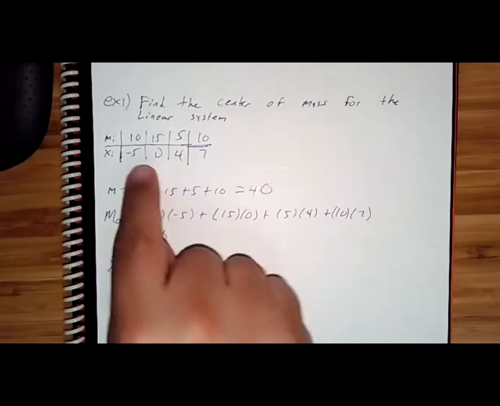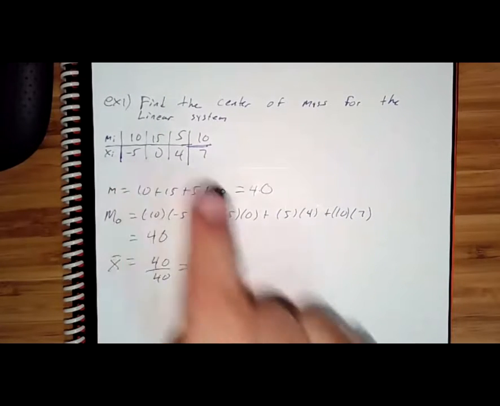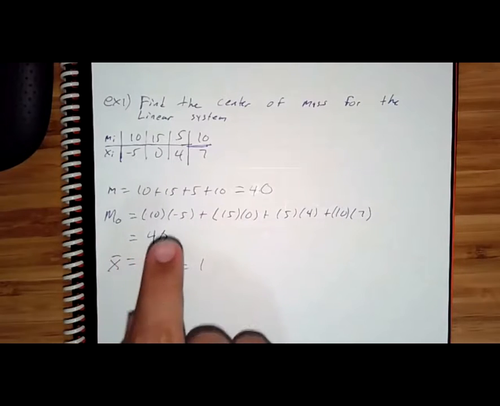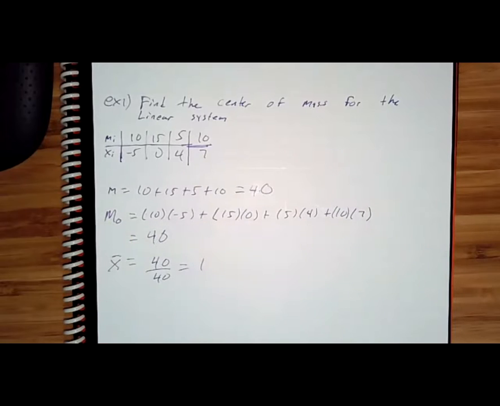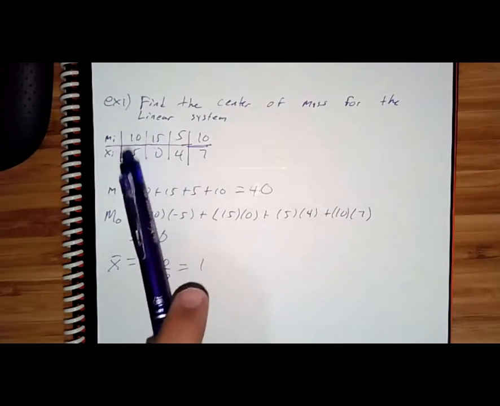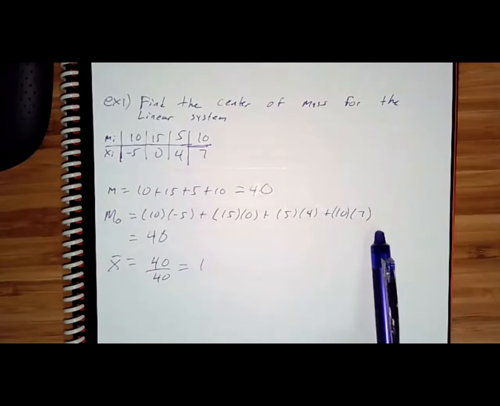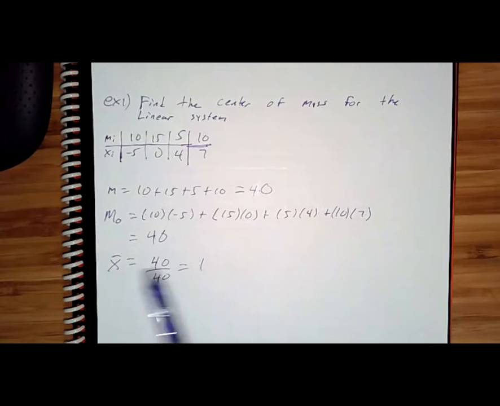If you see one that has, instead of just an x, you have a y, you'll have to find Mx and My instead of just M0. So you'll have 10 times -5, 15 times 0, right? All these for the x values, and you have another one for the y values. So yeah, you'll have an x bar and a y bar. So I'm going to move on to two-dimensional where we have to use integrals. That's where we're going.